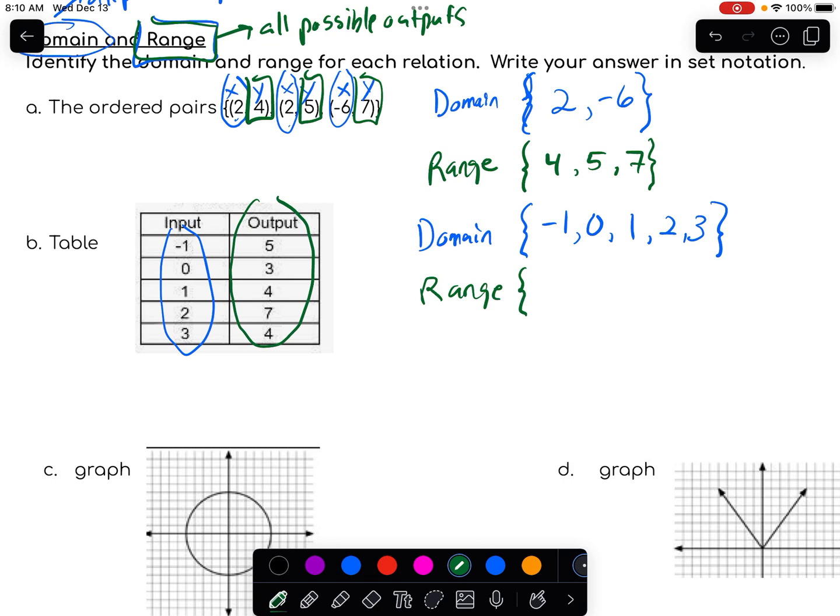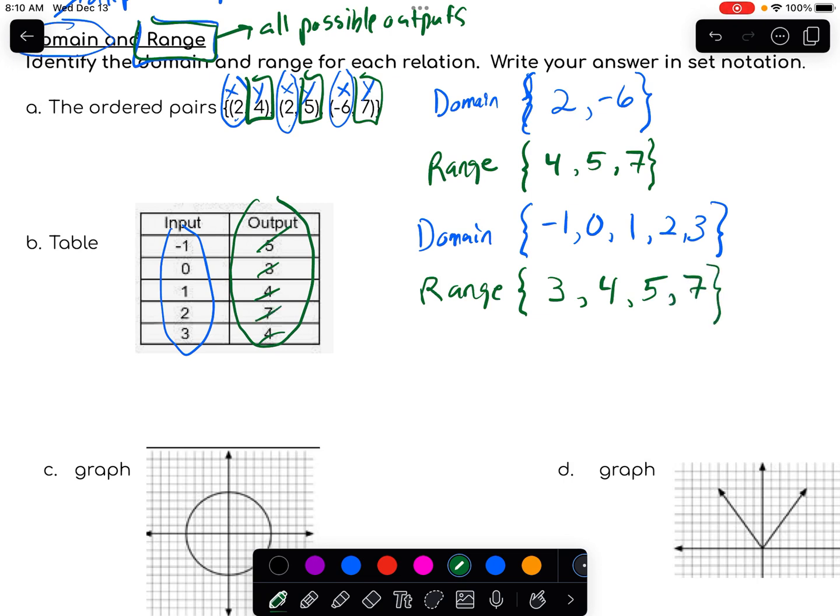So if I'm putting those in order, I'm going to try to do that here. So we've got 3, cross that one off. We've got 4. Now 4 is there twice, but I don't have to list it twice on the range because I'm just listing the possible outputs, and 4 is a possible output. 5 and 7.